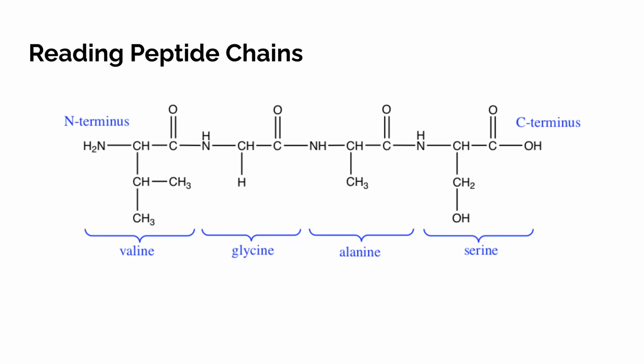The alpha carbon is the carbon that has the side group attached to it. Sometimes they'll have the actual side group, sometimes it'll just be an R. When you find that amine group, the direction that you go to find the alpha carbon is the direction that you read the peptide. Does that make sense? Okay.